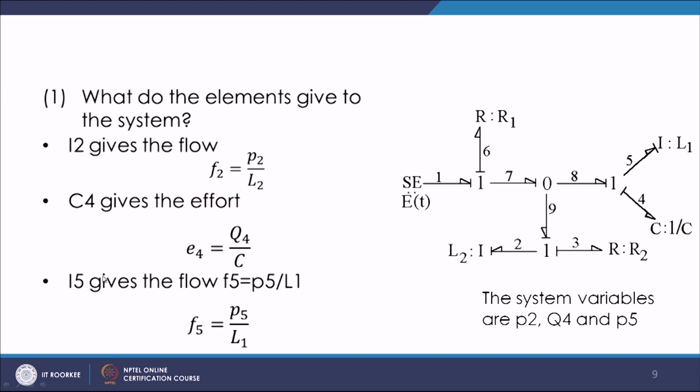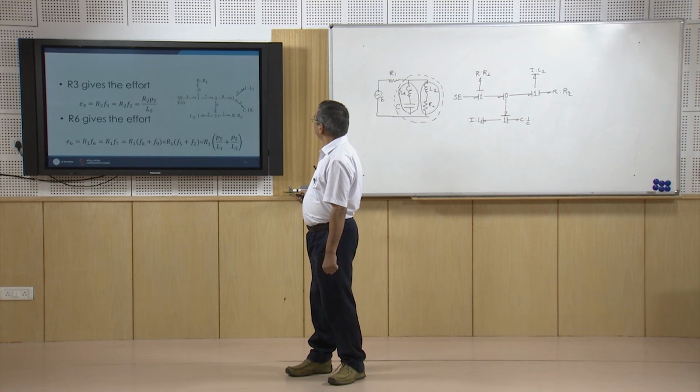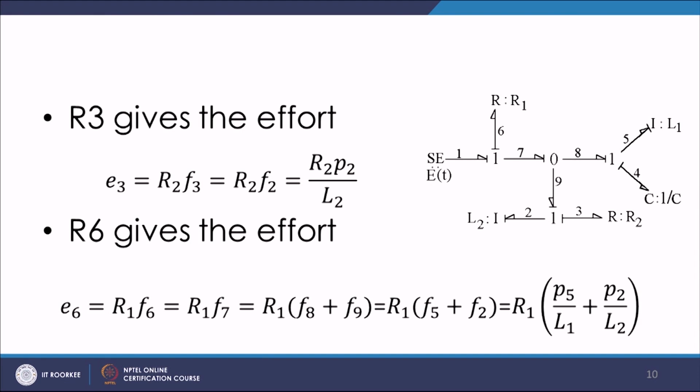And the I5 here is giving flow, and I can write this F5 as P5 upon L1. Then the R3 here is giving an effort. So, this effort E3 I write as R2 F3, and F3 is the same as F2.